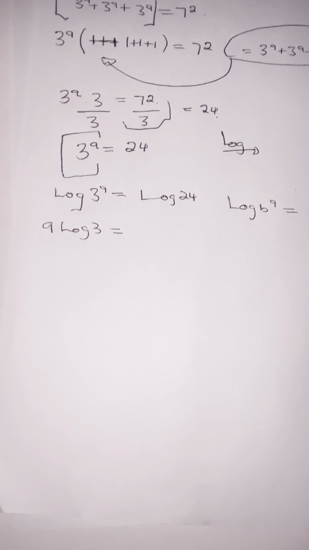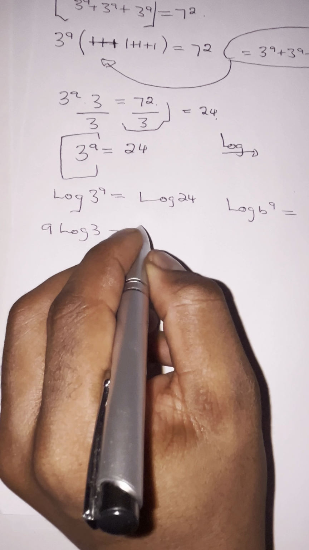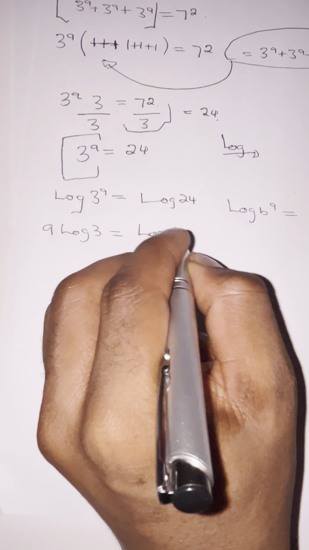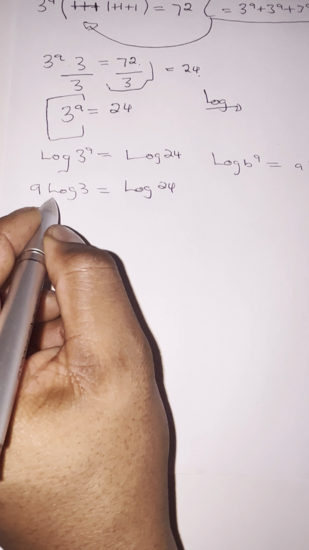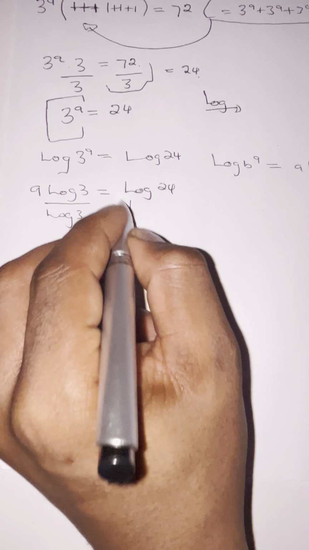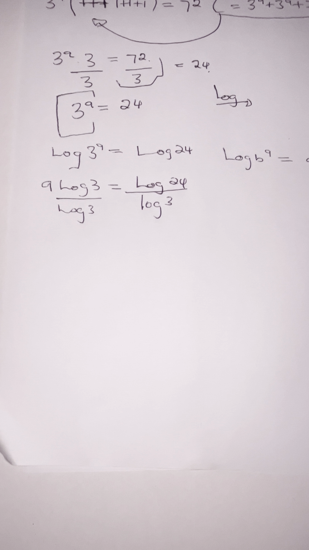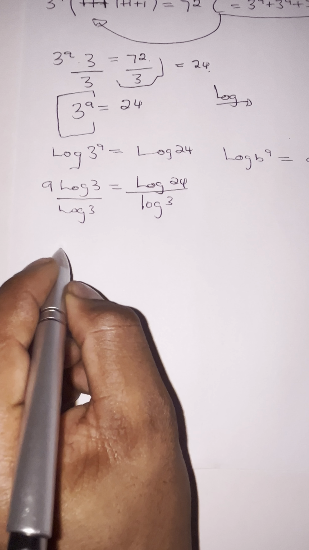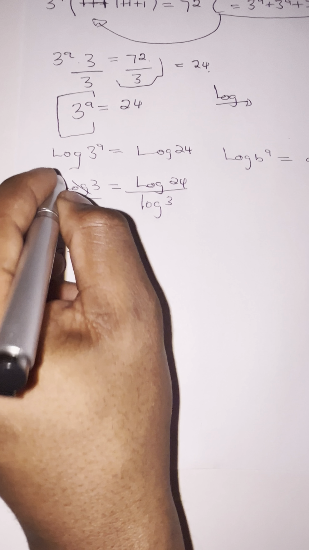What do we do in this fashion? We are left with log 24, and then we say divided by log 3. Now a is equal to log 24 divided by log 3.